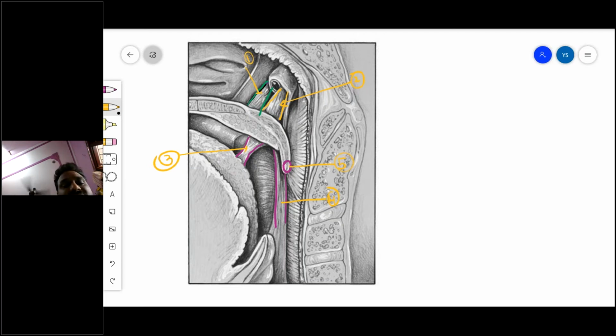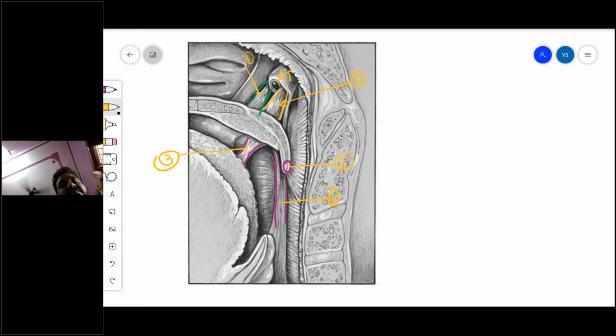If you see number 1 and number 2, both take origin from one common part here. That one is the AT. It passes through the sinus of Morgagni, piercing the superior pharyngobasilar fascia. AT means auditory tube. Very good. Now you name the two muscles here.